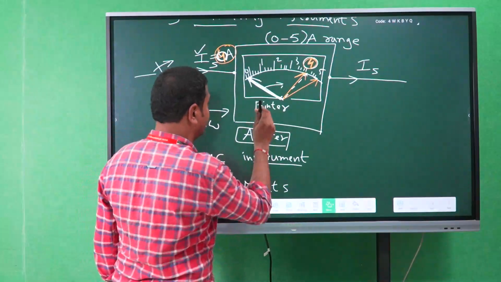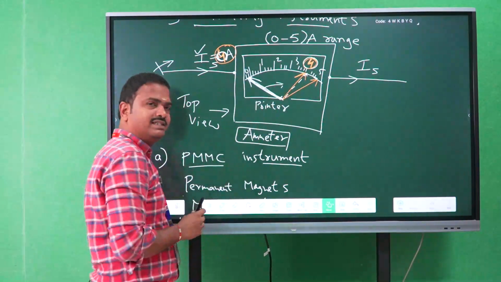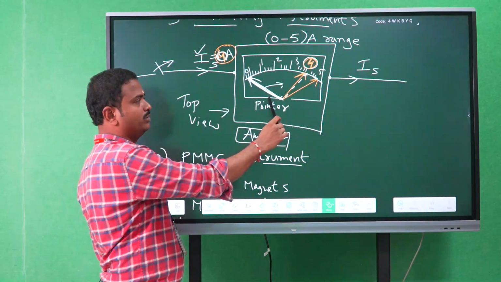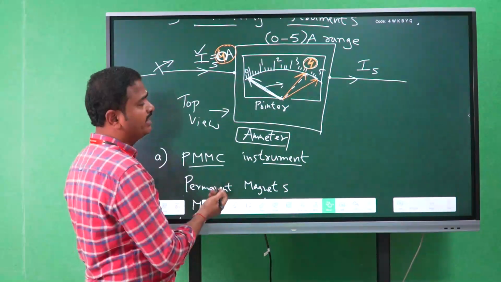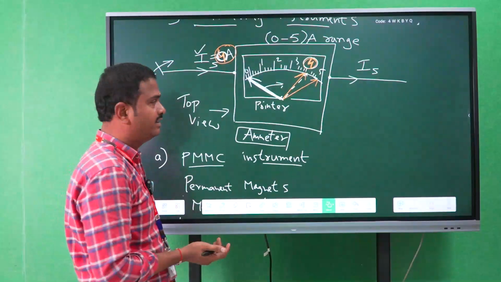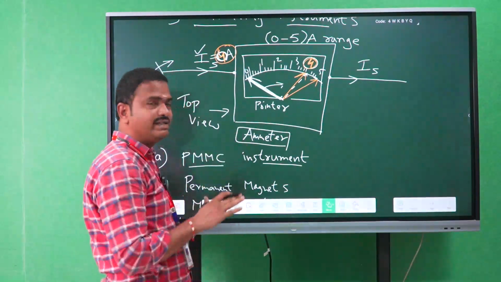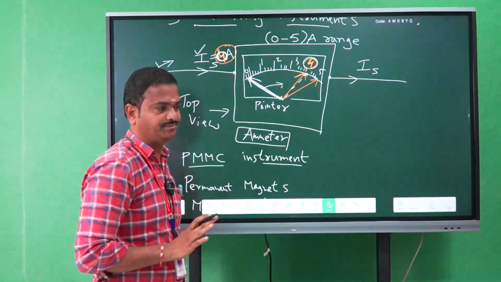But whenever the pointer stops at the 4 amperes reading, it does not stop steadily. It makes some oscillations at the final state, because the pointer has some kinetic energy, right? So we need a force or torque to minimize the oscillations made by the pointer at the final position.